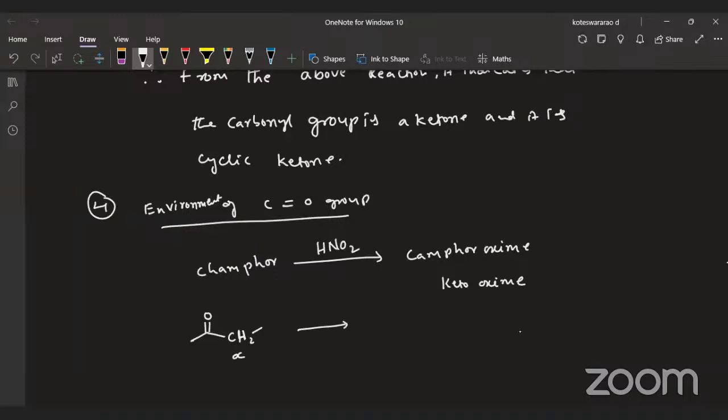Whenever it is treated with HNO2, nitrous acid, that leads to the formation of a ketoxime. The ketoxime is generated. Therefore, the formation of ketoxime is only possible when the keto group has an alpha saturated carbon in the form of CH2.